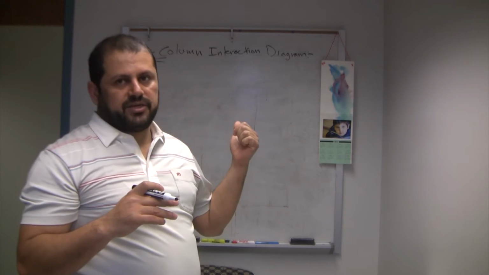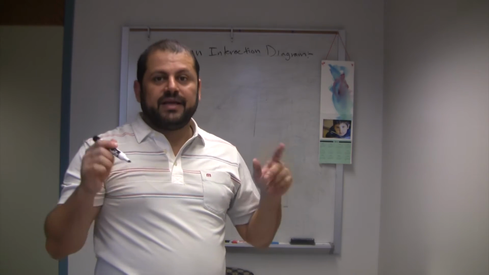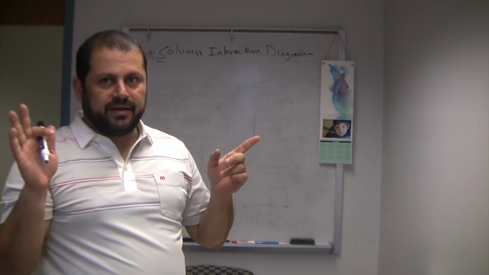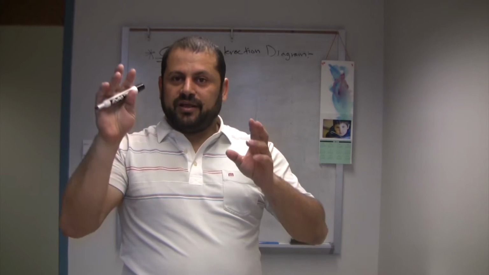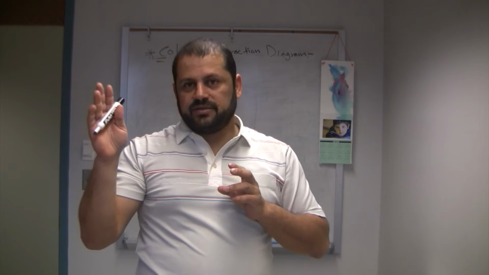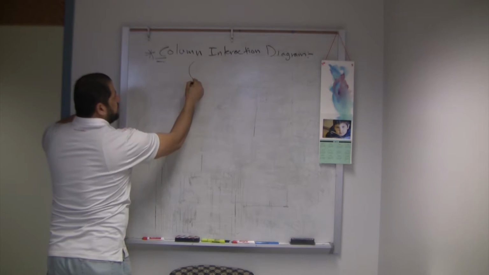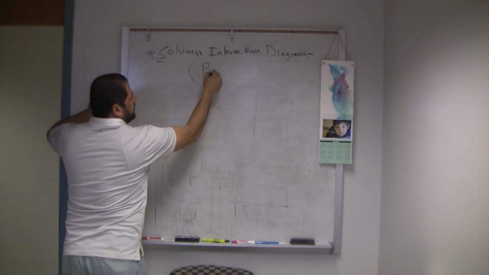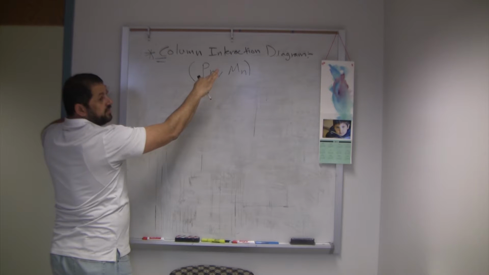Today we have an interaction. Now when we are asked what's the nominal capacity of the column, it's not Pn, it's not Mn, it's a pair. It's Pn, Mn. So if one of them changes, the other one will change. So the strength will be the nominal Pn, Mn. There is an interaction between them.